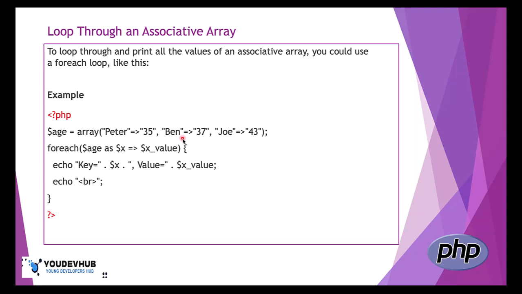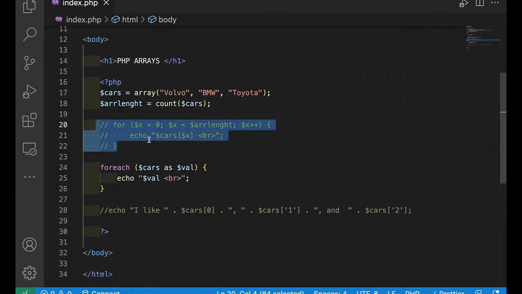Now, how do you loop through an associative array? Just like you did with the normal array, you can also loop through the associative array. Let's go and show you that example.